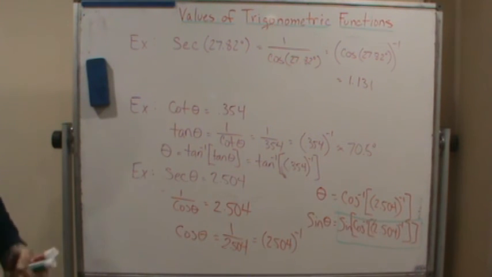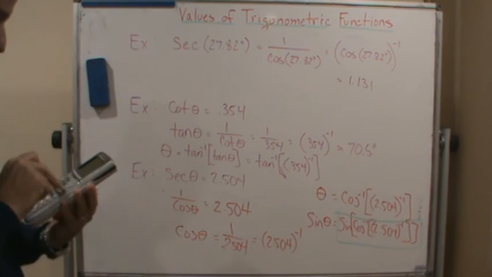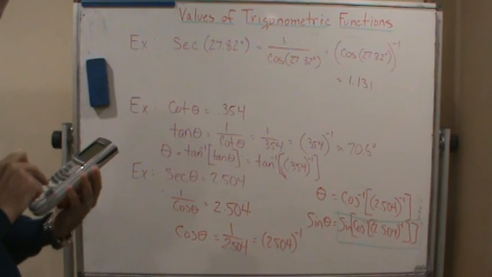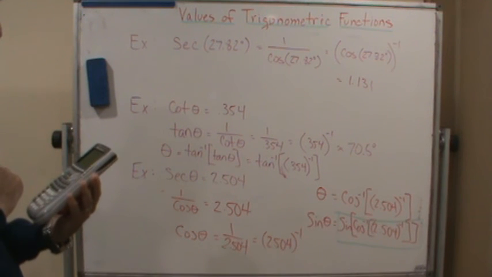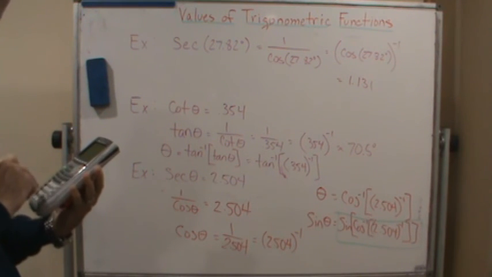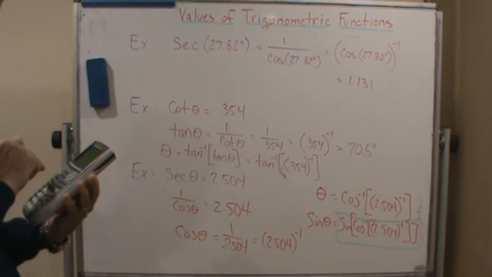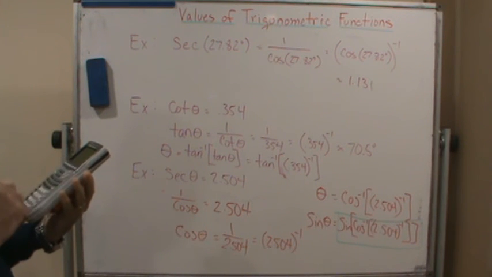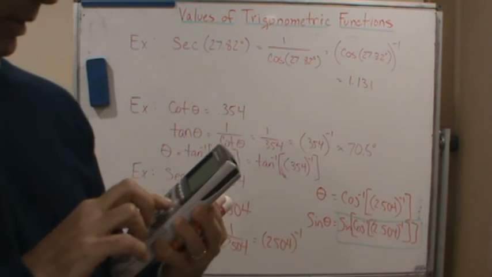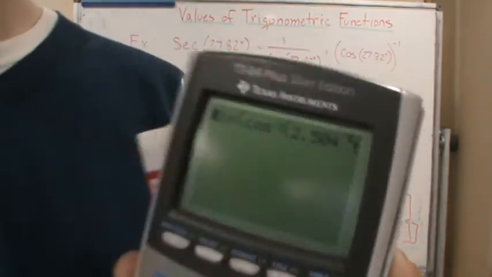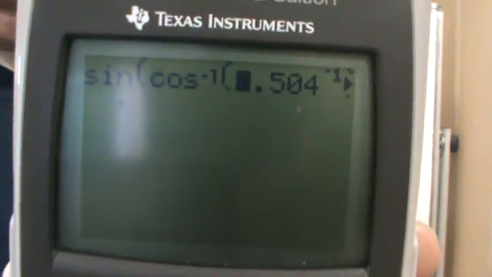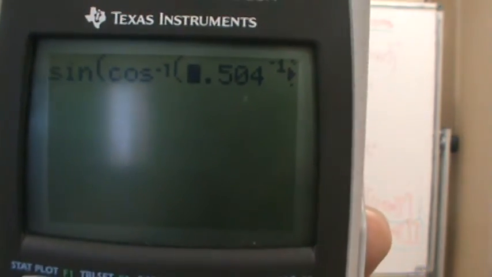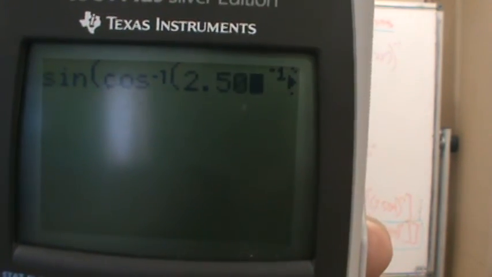So now let me do that and then I'll show you. I'm going to take the sine of the inverse cosine of 2.504 inverse. So this is what I have: the sine of the cosine inverse of 2.504 to the negative first power.